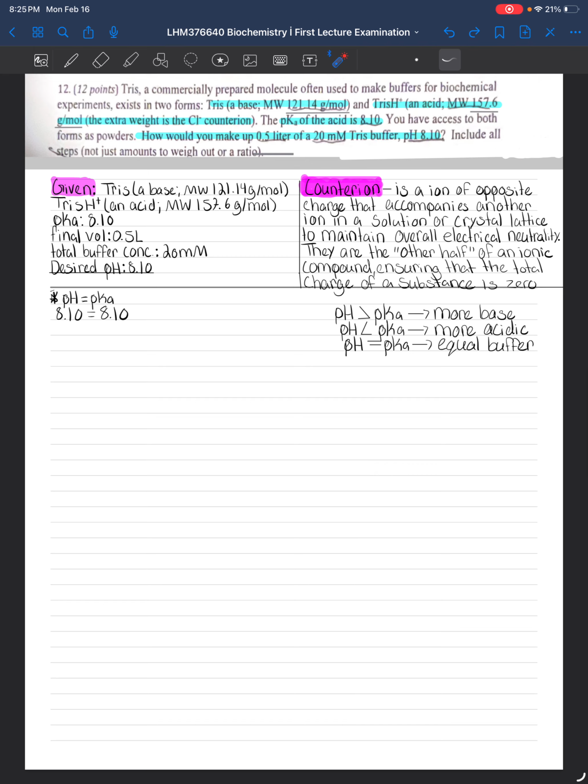But when the pKa is greater than the pH, it's more acidic. When the pH is equal to the pKa, it's an equal buffer. And you may ask, what does this mean? This means that the buffer must be 50% acid and 50% base.